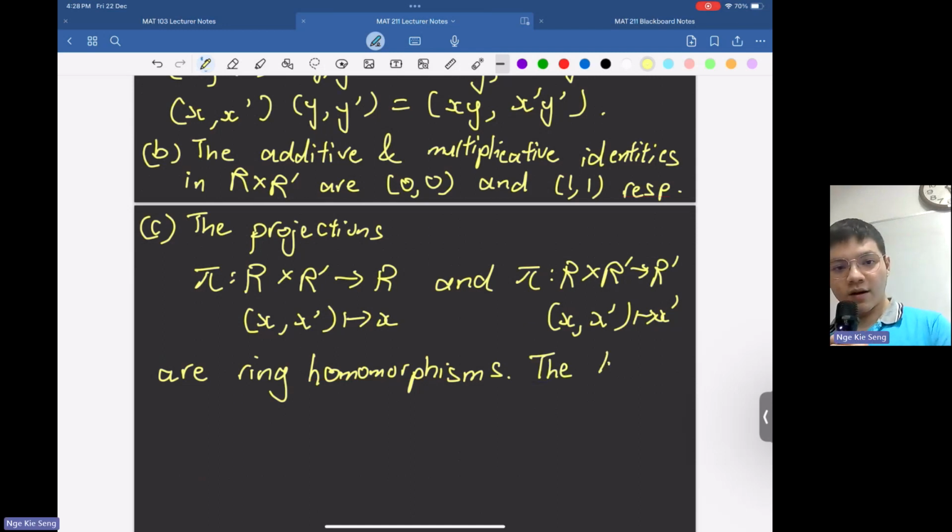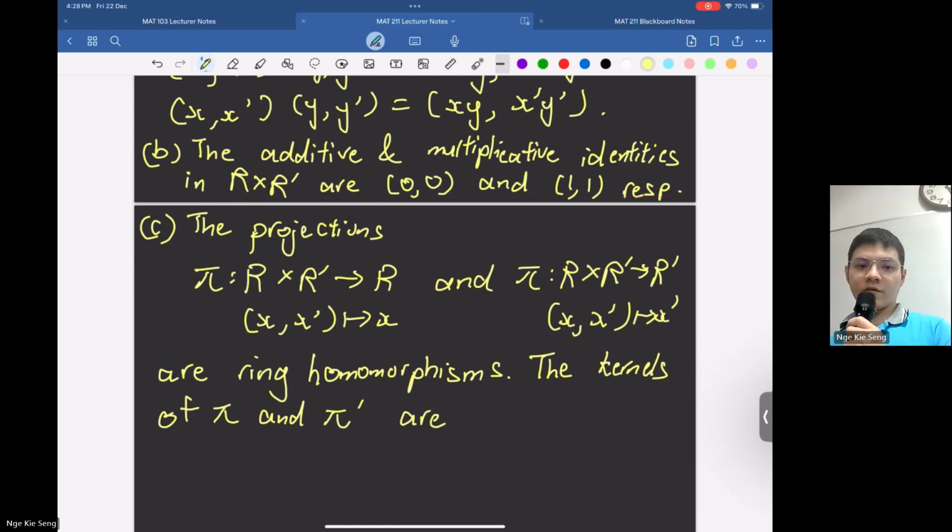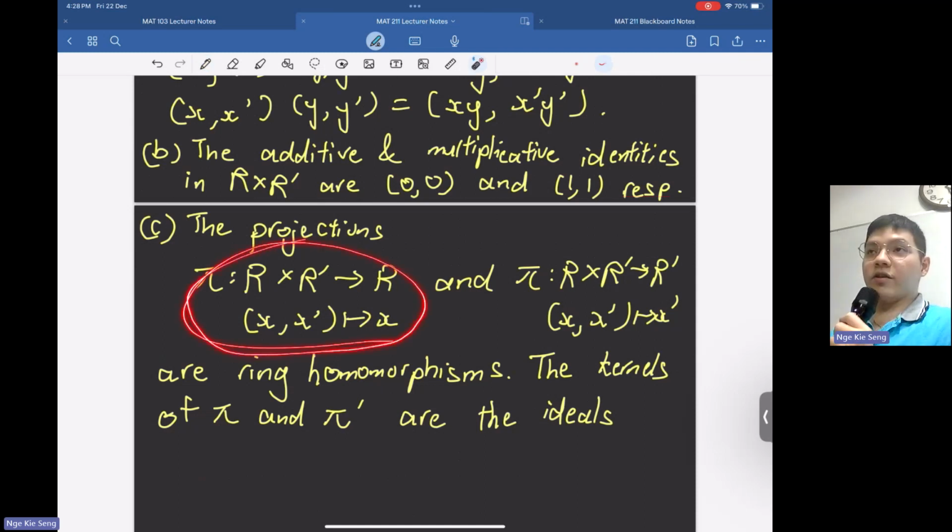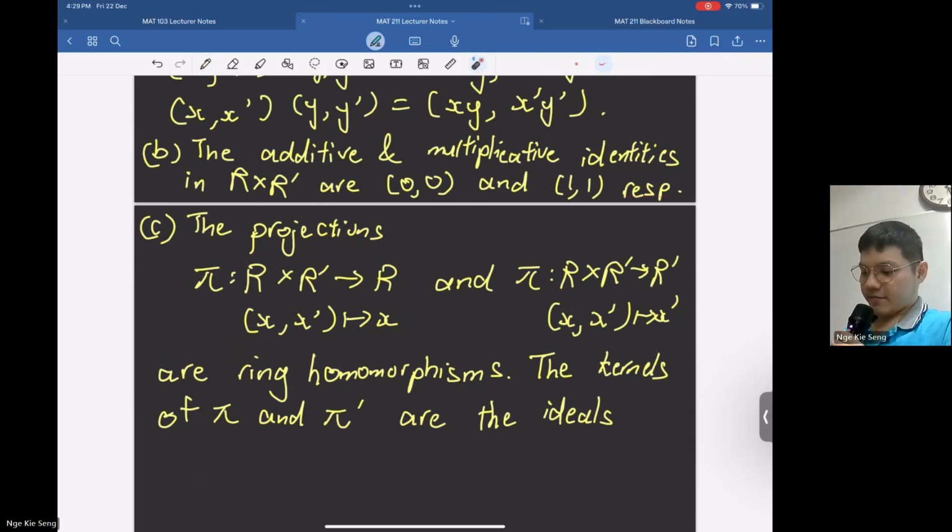And then, what's the kernel of these two maps? First of all, they have to be ideals. So what's the kernel of the two maps? For example, what's the thing that gets sent to 0 by pi?